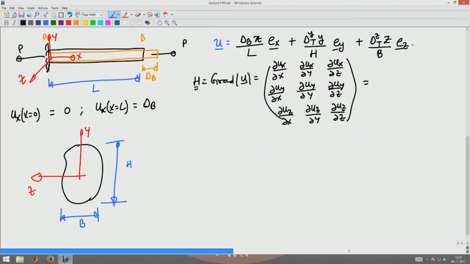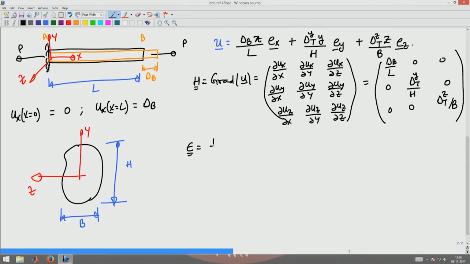This will evaluate to be delta B by L 0 0, 0 delta transverse y by h 0, 0 0 delta transverse z by b. Now, I want to find the strain.